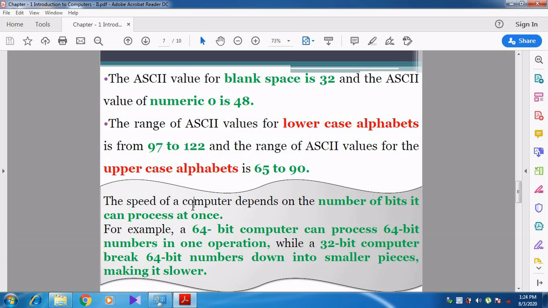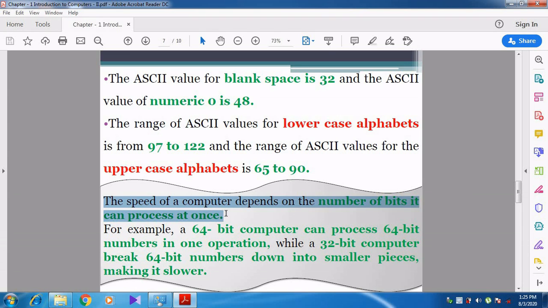Right. The speed of the computer depends upon the number of bits it can process at once. Here they are trying to say that each computer's speed is represented by the number of bits it can process. If you are using a 32-bit system and your friend is using a 64-bit system, which can process in a faster manner? The system which contains 64 bits will process faster.